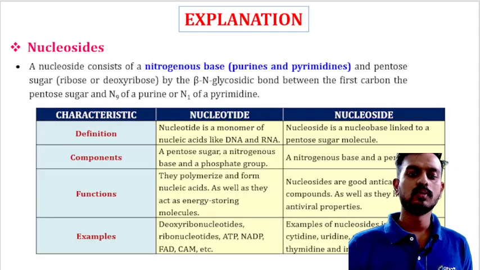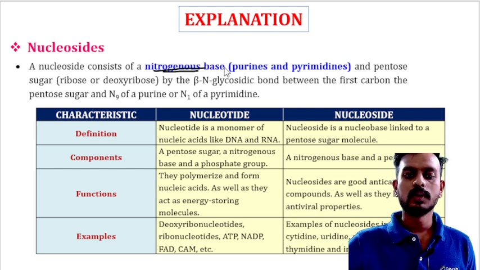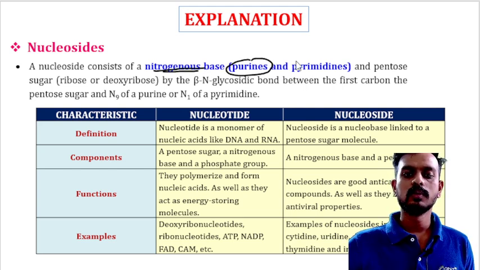So what is nucleoside? Nucleosides contain nitrogenous bases, such as purine and pyrimidine, and a pentose sugar.